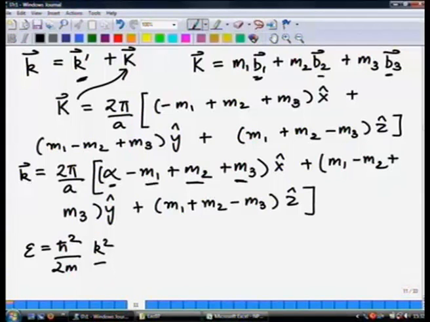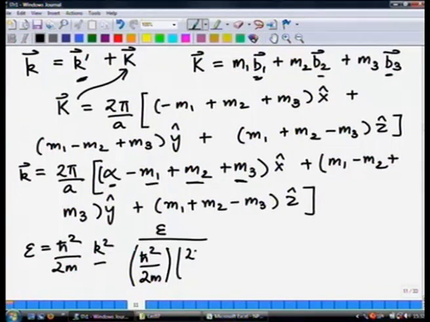So, if I want to calculate this so that there is no confusion, I am going to write this as energy by h squared by 2m into 2 pi by a whole squared.